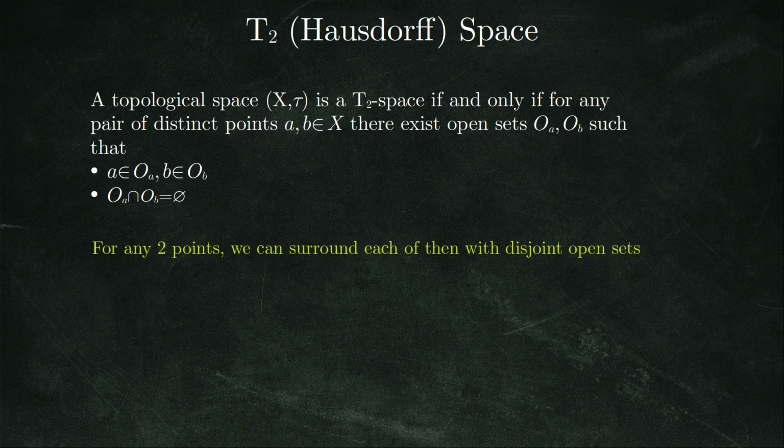So for any 2 points, we can surround each of them with disjoint open sets. This is a slightly stronger condition than T1. Beforehand we said the sets could overlap, now we're saying they can't.